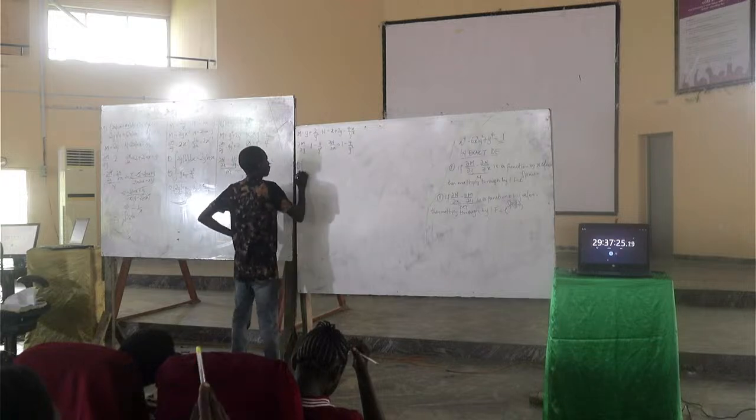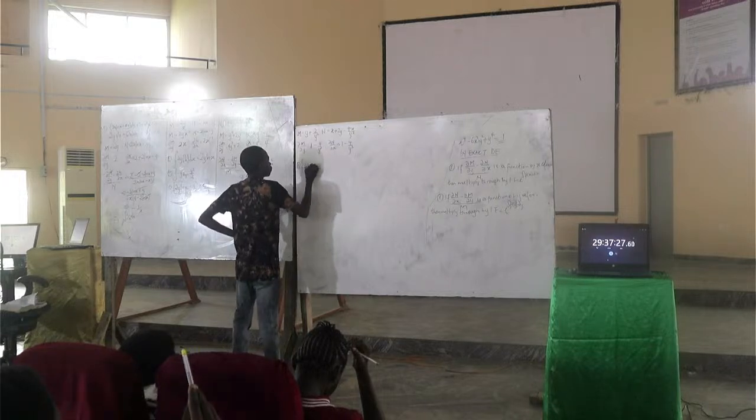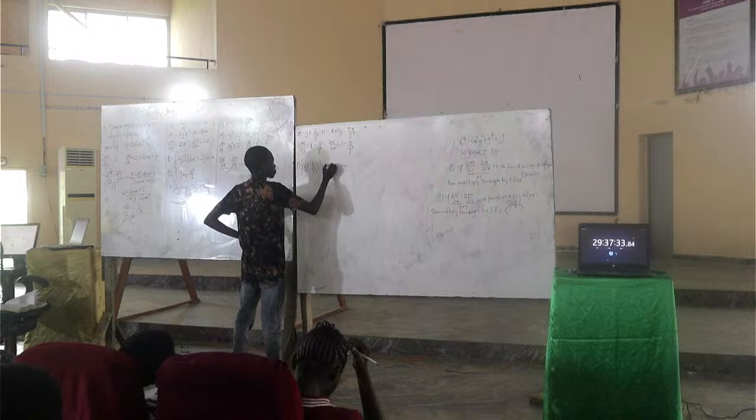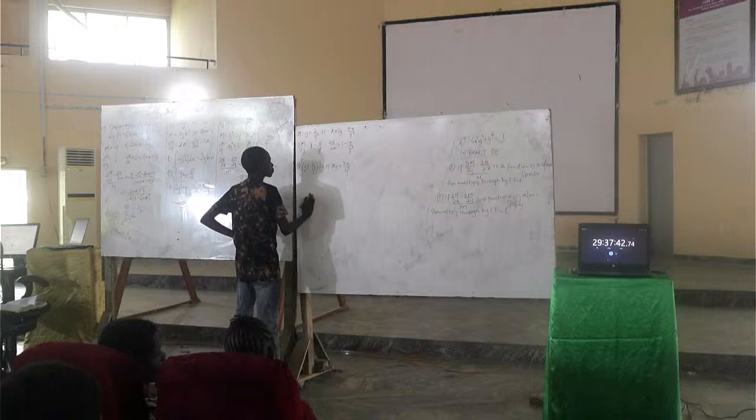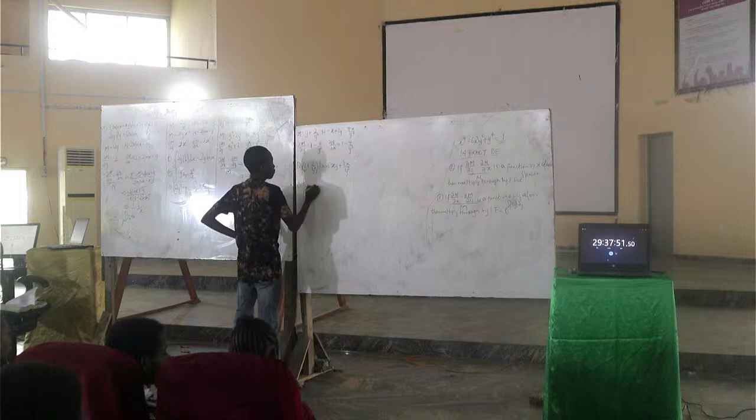So from here, let me now integrate. If I integrate y plus 2 over y squared dx, the answer will be xy plus 2x over y squared. The second part, I'm only integrating the term that does not have x, which is only 2y. If I integrate 2y, I will have y squared.